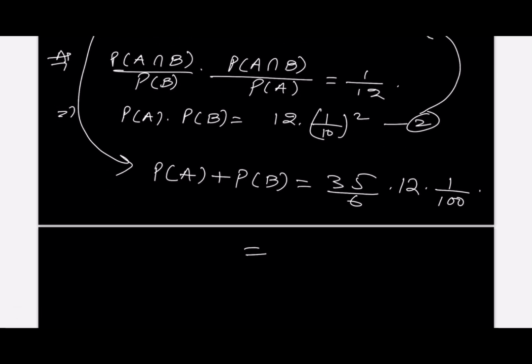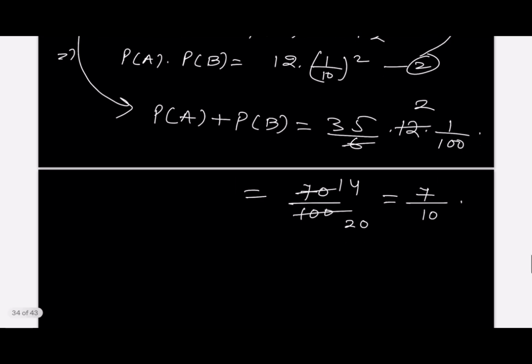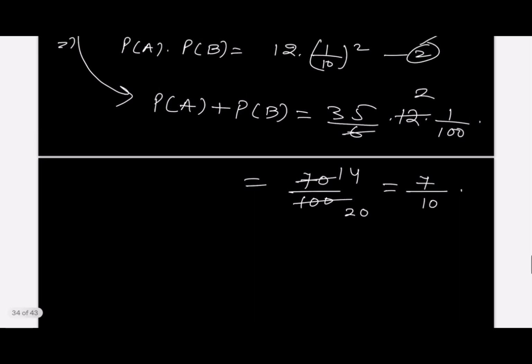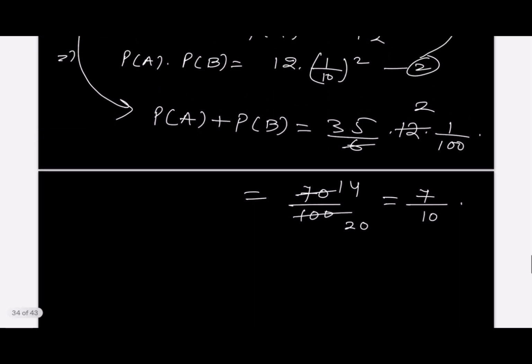So this will be 70 by 100, since 14 fives are 70 and 20 fives are 100, which is 7 by 10. So P of A plus P of B is 7 by 10.